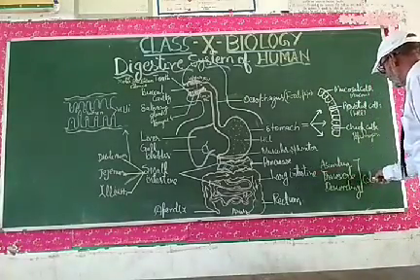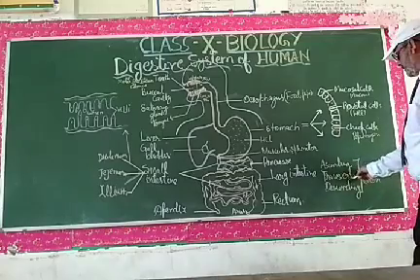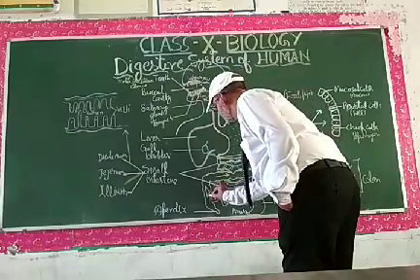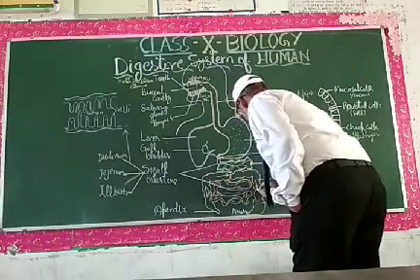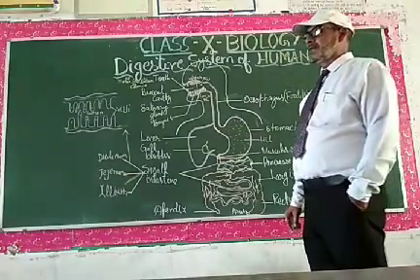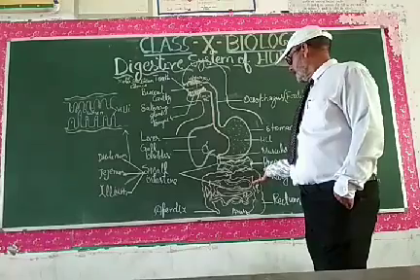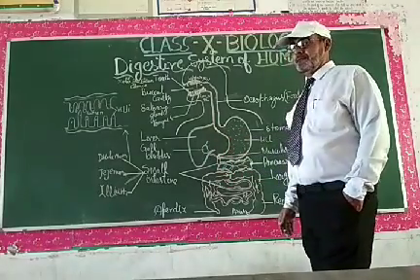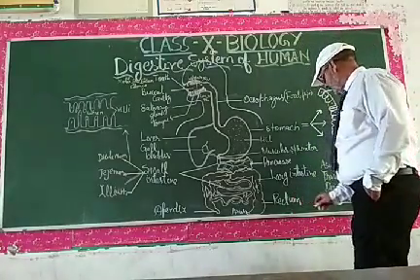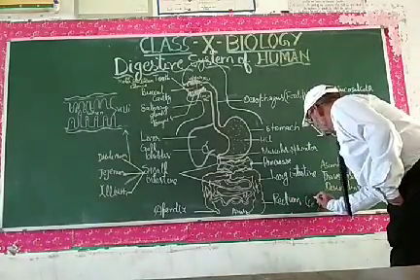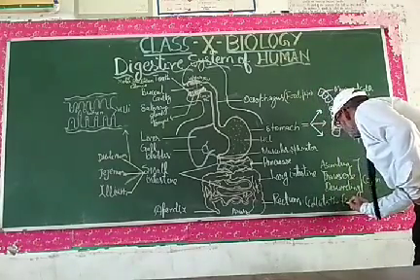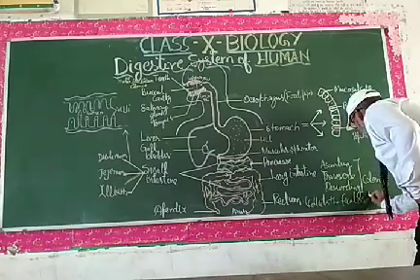So the large intestine is also called the colon. This is ascending, this is transverse, and this is the descending colon. Dear students, the absorption of water and remaining minerals takes place inside this large intestine. It is a wider tube-like structure which opens into the rectum, and the rectum collects the fecal matter.